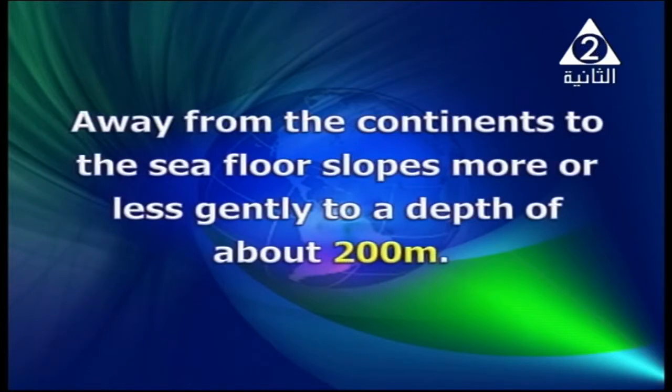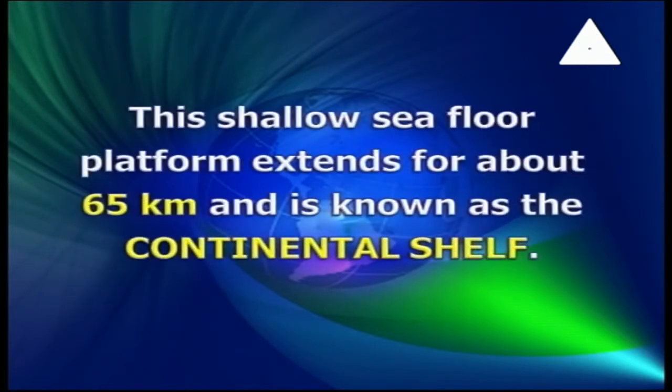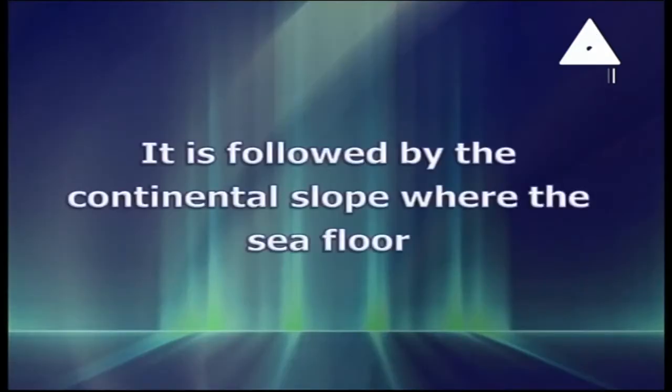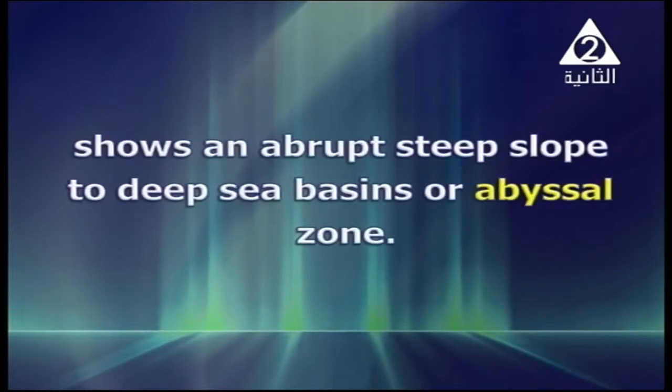Away from the continent to the sea, the floor slopes more or less gently to a depth of about 200 meters. This seafloor platform extends for about 65 kilometers and is known as the continental shelf. It is followed by the continental slope, where the sea floor shows an abrupt steep slope to deep sea basins or abyssal zone.